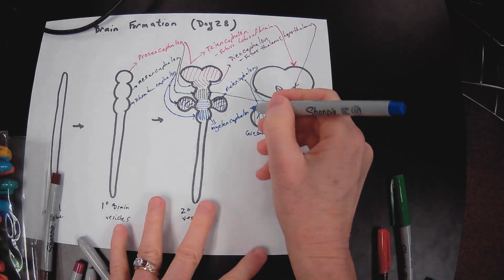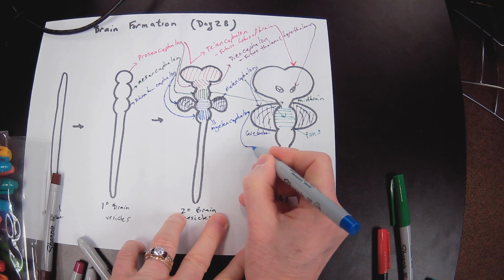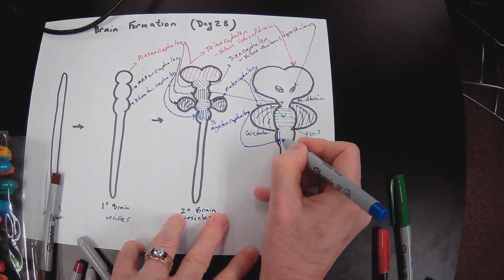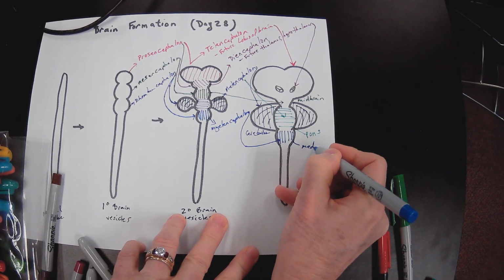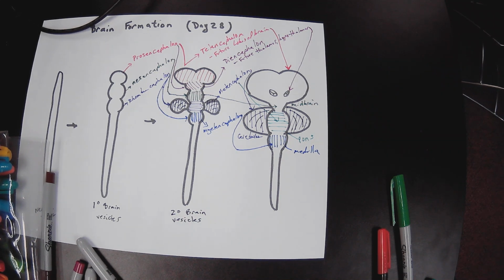And your myelencephalon, secondary brain vesicle, becomes your medulla. Everything lower down is simply your spinal cord.